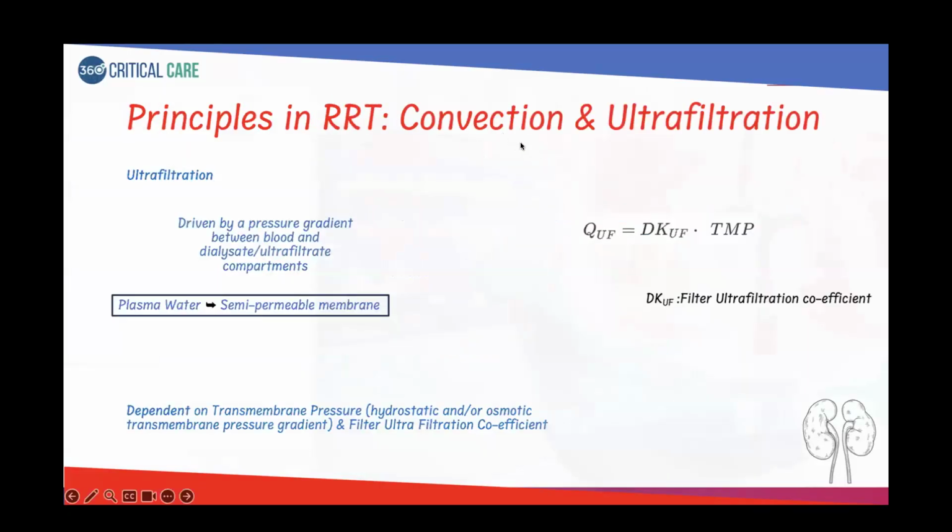I will talk a little bit about convection and ultrafiltration. Ultrafiltration is driven by the pressure gradient between the blood and the dialysate or ultrafiltrate compartment. We create a pressure gradient between the blood compartment and the dialysate compartment so that the fluid can go from one to the other based on the pressure difference.